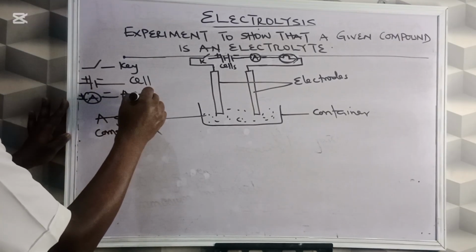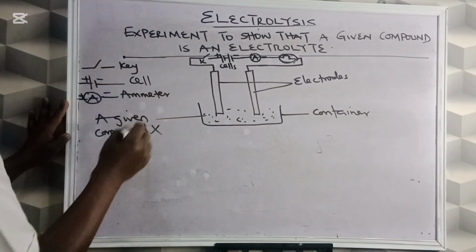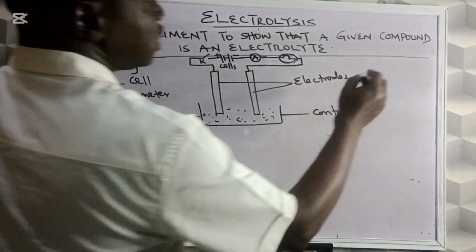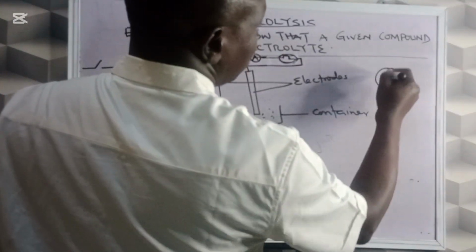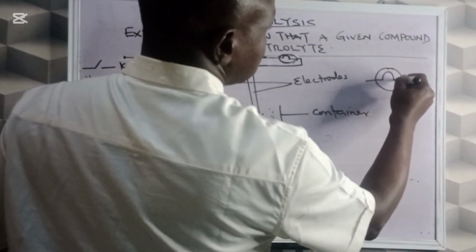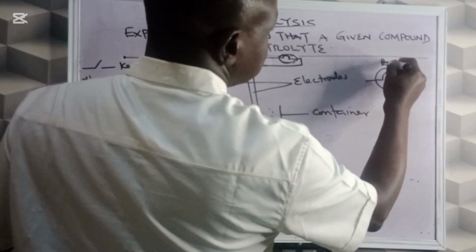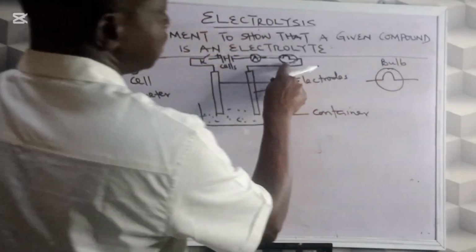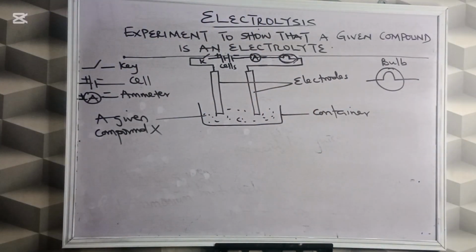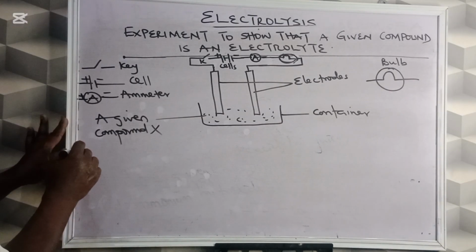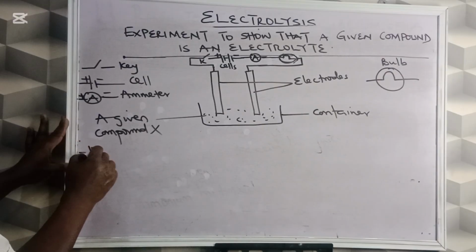And anywhere you see this represents the bulb. So that's the circuit diagram.